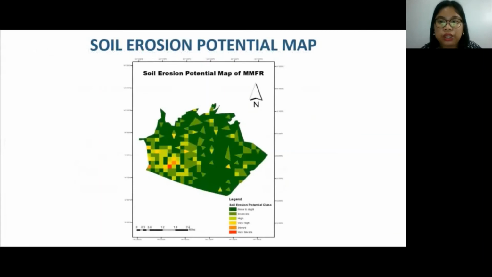Based on the figure, Sipit watershed has a very severe erosion potential class compared to the other four sub-watersheds. On average, the Sipit has an erosion loss of about 32.4 tons per hectare per year, in contrast to the mean annual soil loss of 3.98 tons per hectare per year in Cambantok watershed.